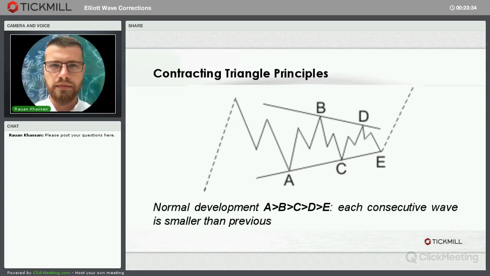So, in other words, each consecutive wave is smaller than the previous. This specific principle helps to easily understand when a contracting triangle is being developed on the market.